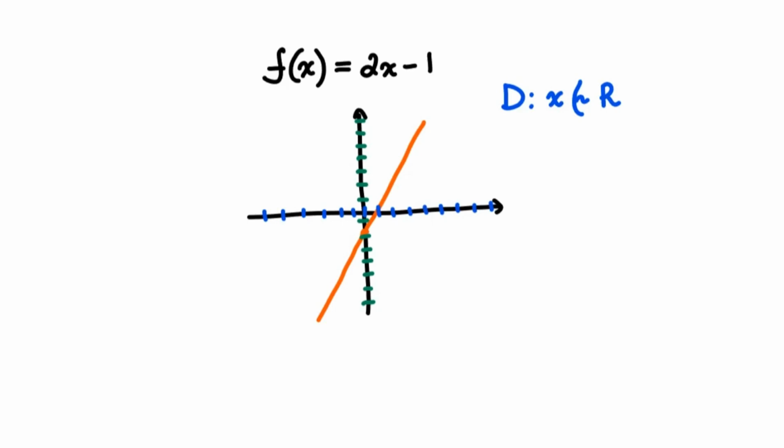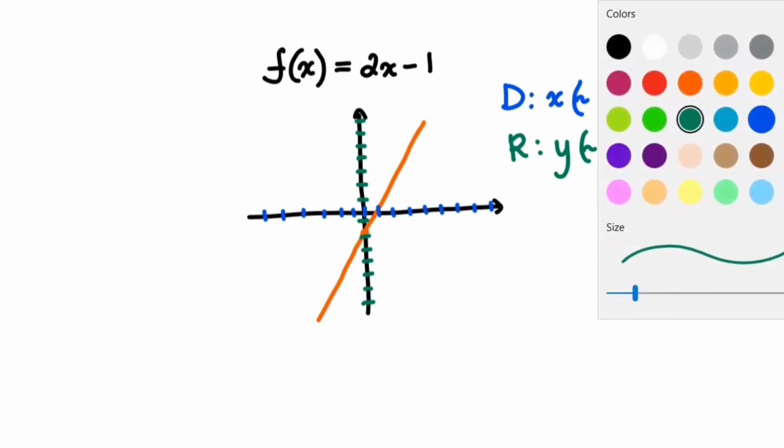So for the range, there are also no restrictions, which means that every y value satisfies the equation of this function. So then range is given by R, and it's a set of y values that in this case could be any real number, y is an element of R.